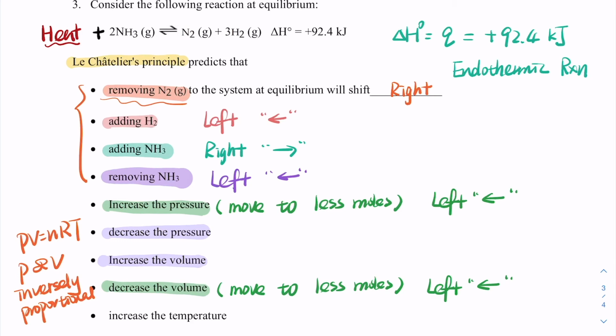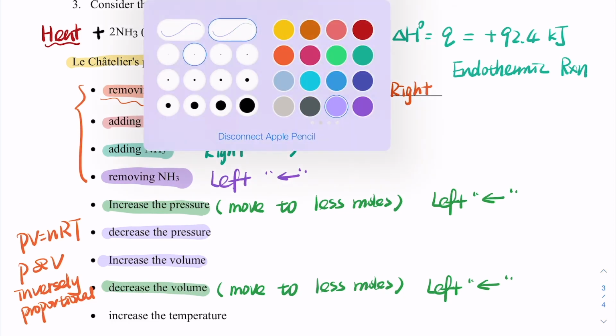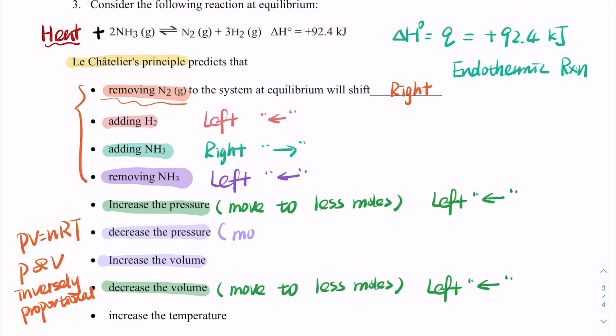So you can fit more of the reactants or products, whichever side has more. So it's gonna move to more moles, whichever side has more moles. We already calculated that on the left we have 2 moles and on the right side we have 4 moles. So we have more room, which is the increase of volume, so it's gonna move to the right side.